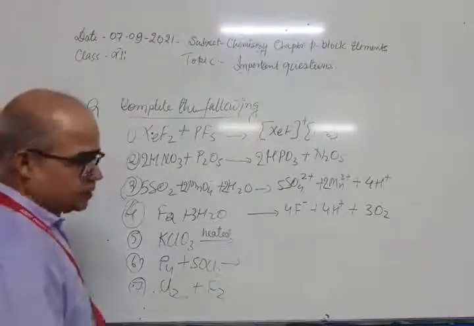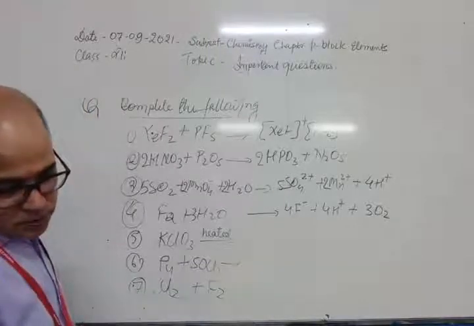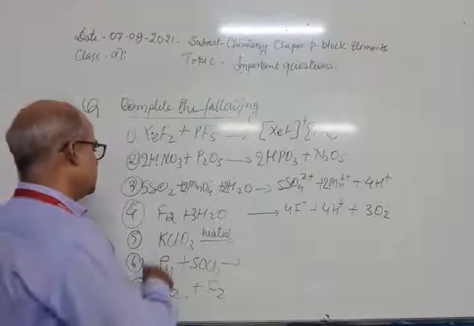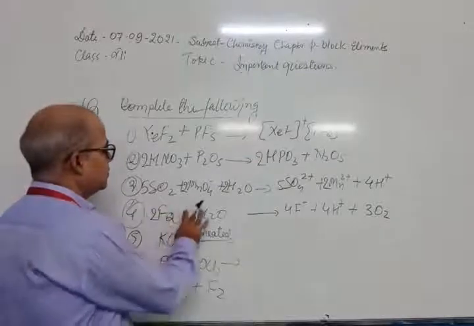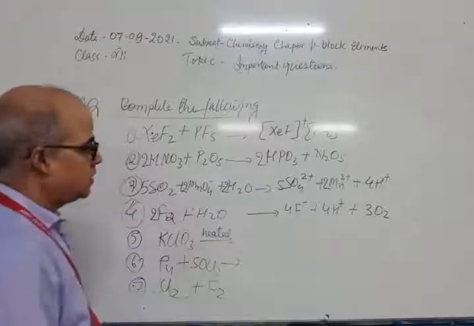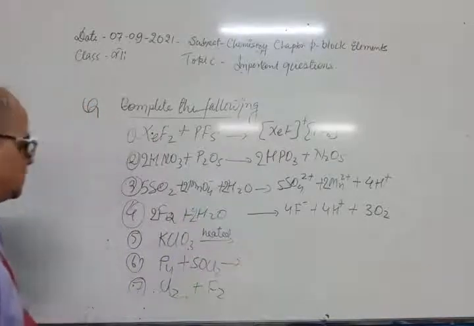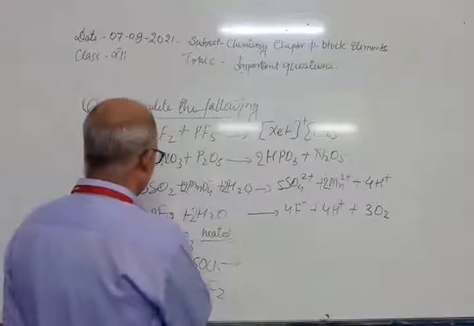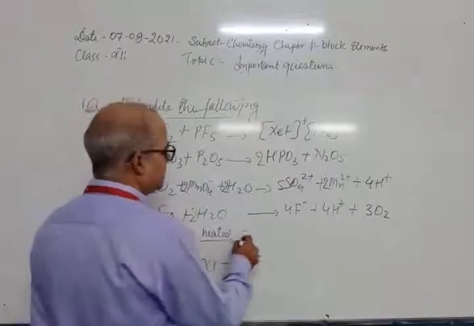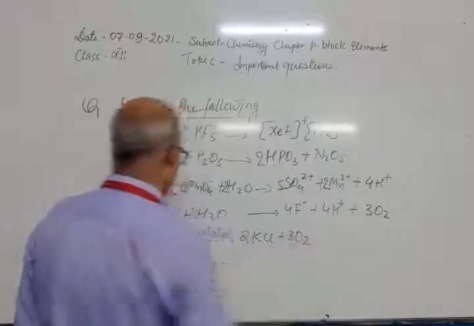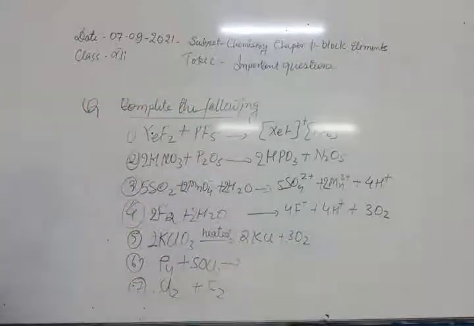Or you can write the reaction as here is 2 and water is 4, there will be also 2. Okay. Now heating the KClO3, what will be formed? 2 KCl plus 3O2. It will give oxygen.